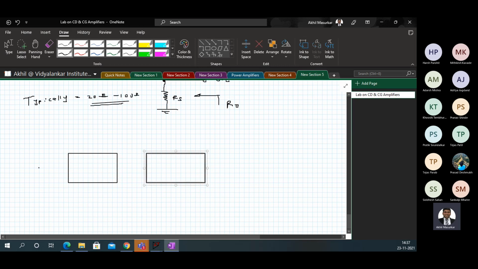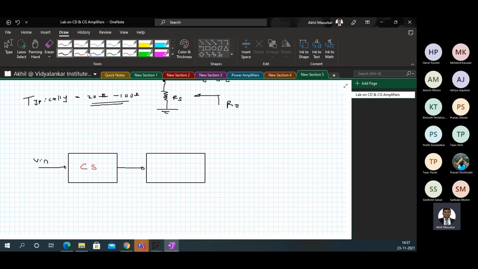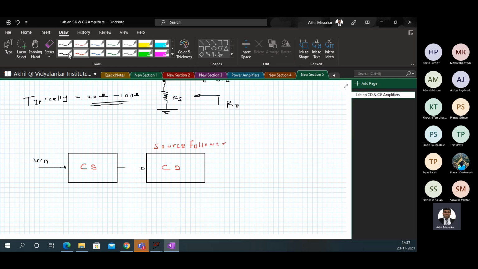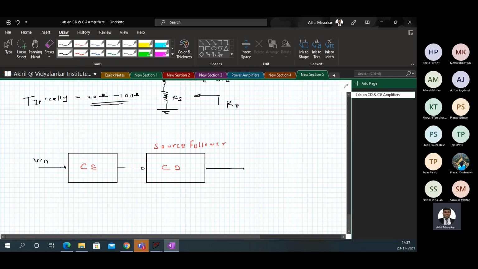We give the input here, then this is my CS. This output of CS, I'll give it to a CD, that is source follower. And here I'll get V out.